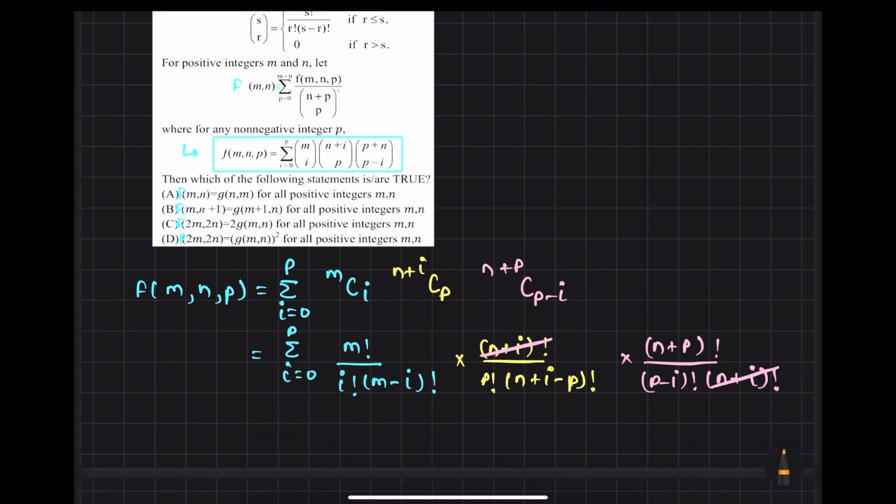Like in the denominator, they have written (n plus p) C p. Correct? And we have n plus p. So we want p factorial over here in the denominator. Correct? So you have p factorial here.